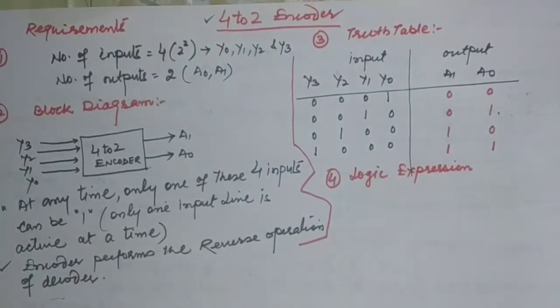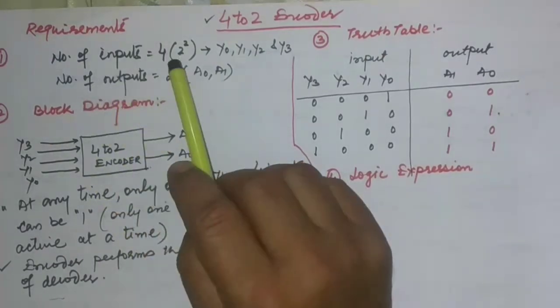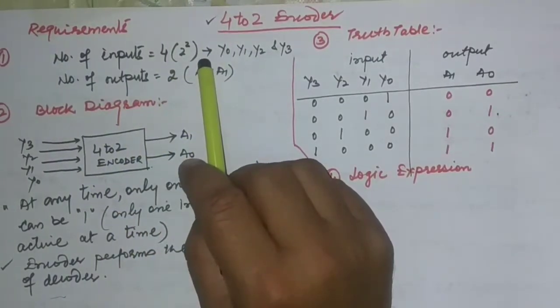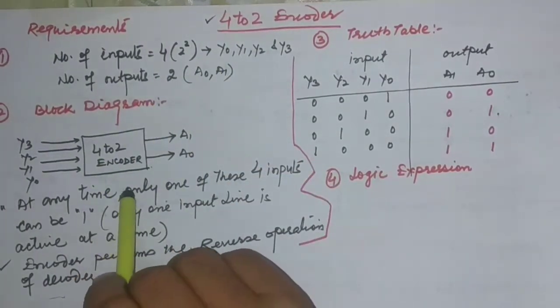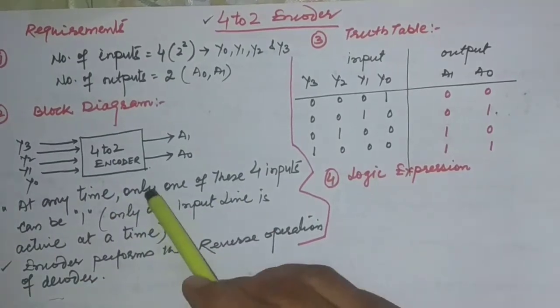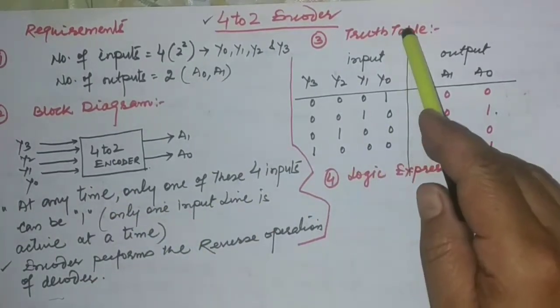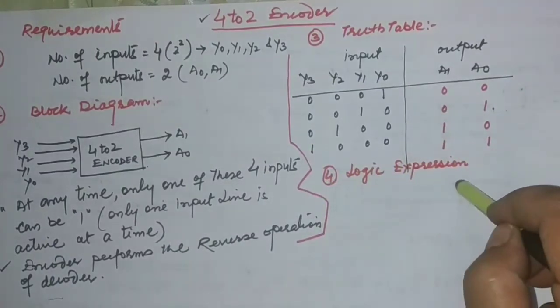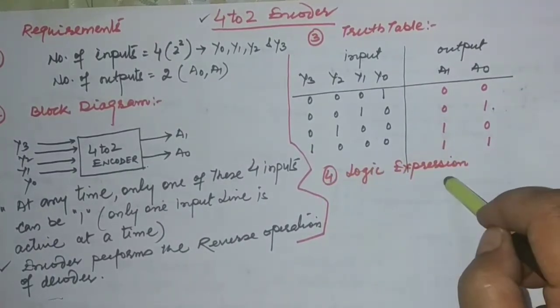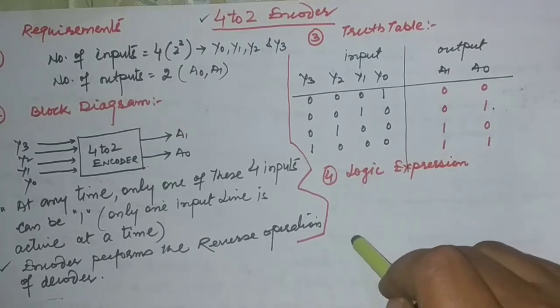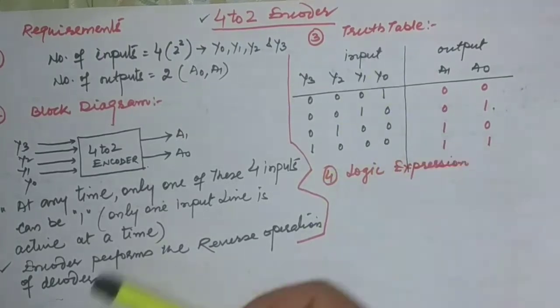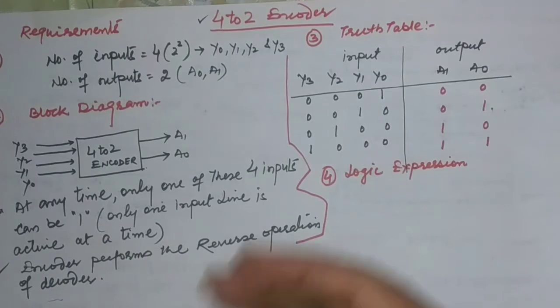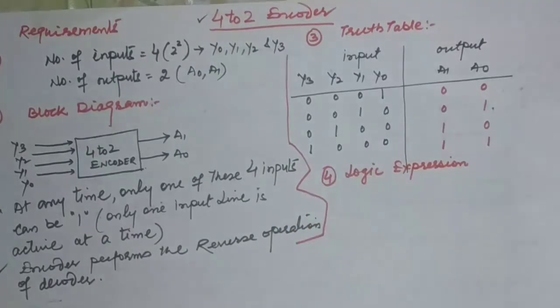First you write down the definition part that we discussed, then draw the block diagram with some information about it. The third point is the truth table. The fourth point is the logic expression, and based upon the logic expressions we can have the circuit diagram. So these are the points you need to remember in a sequence so that you can design any digital circuit.